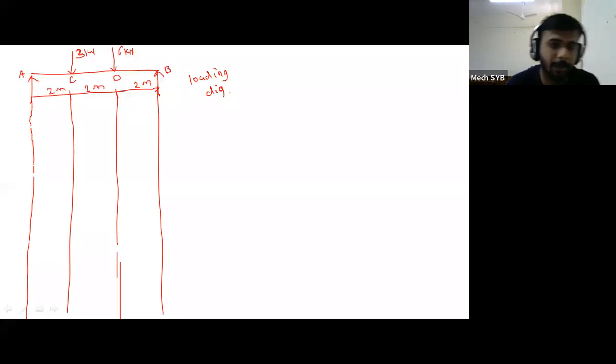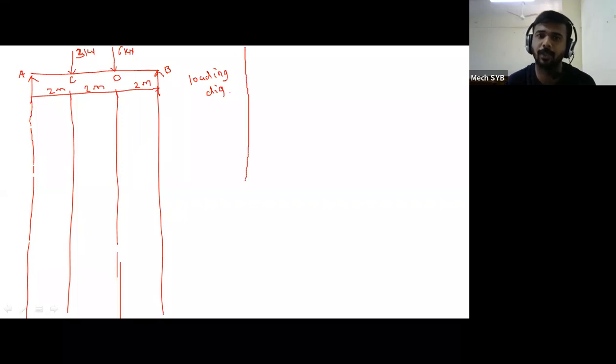So we have to keep some space below the loading diagram, because SFD and BMD we have to draw below the loading diagram only. So we have to take all the points below it. Their lines we have to take at the downward side, because in that region only we have to draw the SFD and BMD at those points. So we have to keep some space.